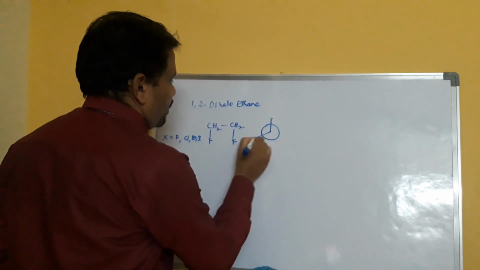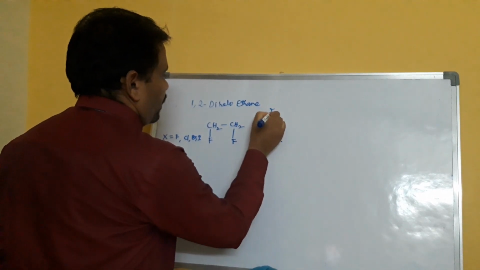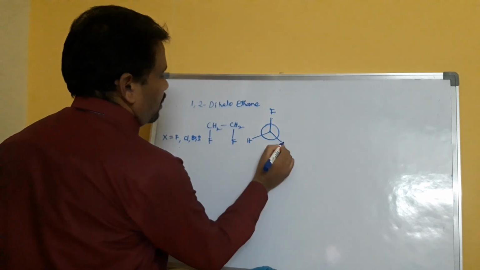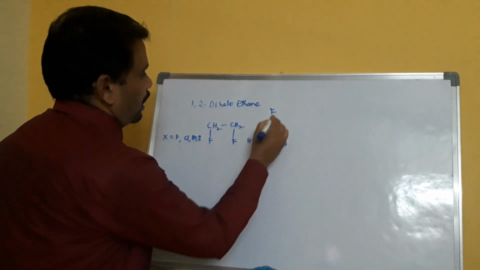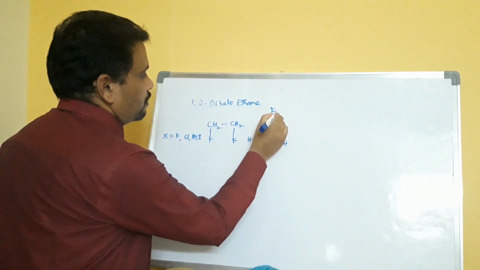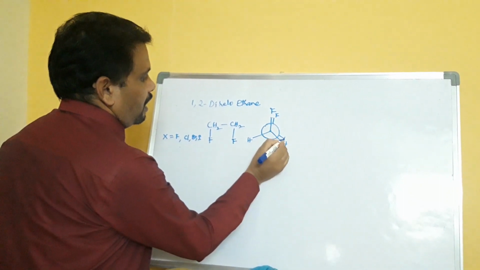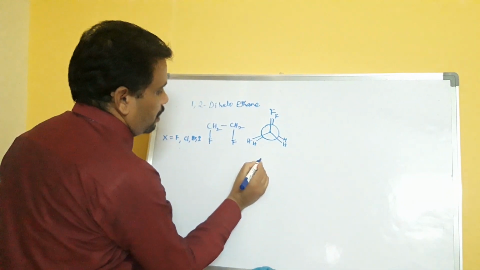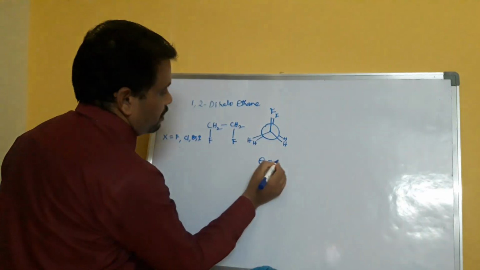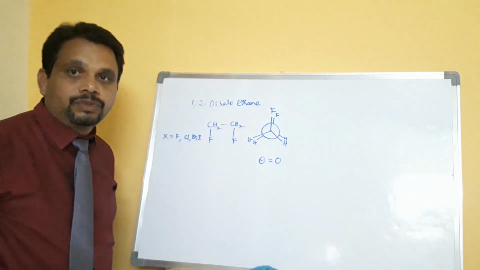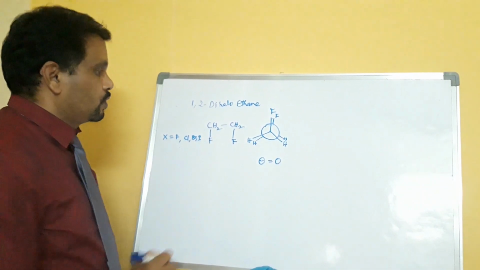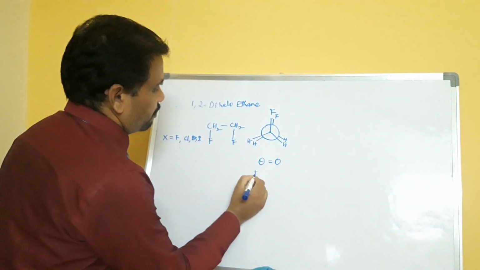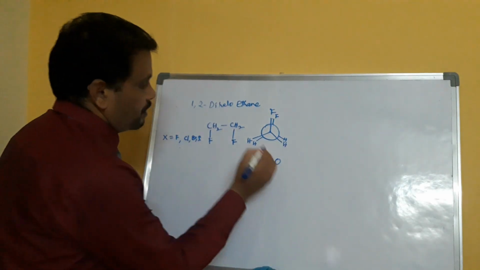On the front carbon, fluorine, 2 hydrogens. Okay, and on the back carbon also fluorine, hydrogen and hydrogen. So this is at 0 degrees, 0 dihedral angle. So this is the fully eclipsed conformer.